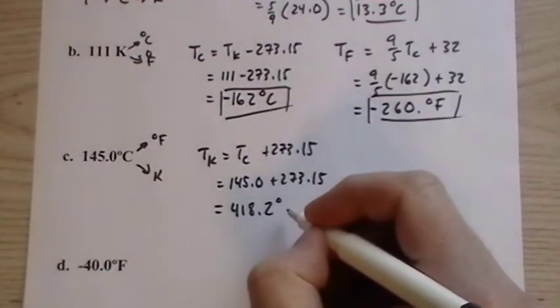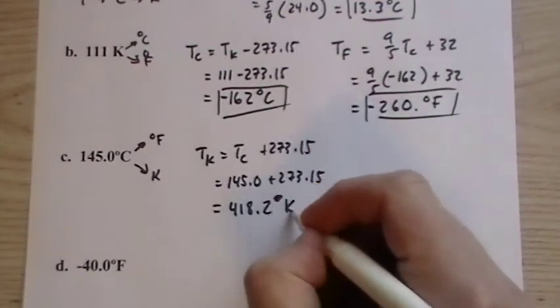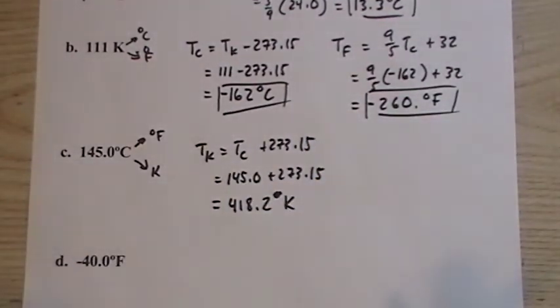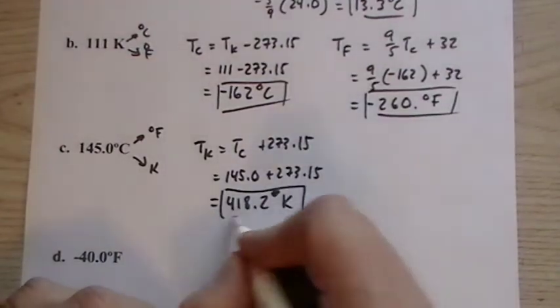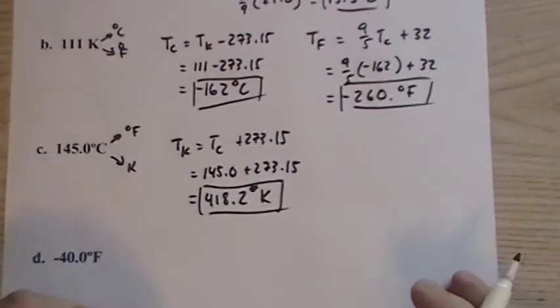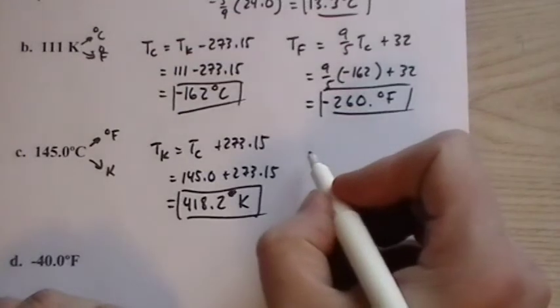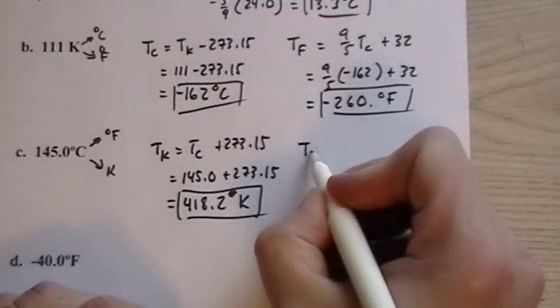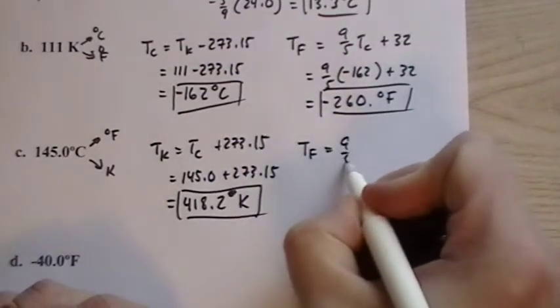So this would be 418 Kelvin. No degrees here, that's just Kelvin. It used to be degrees Kelvin, actually, when I went to school, but it's now just no degree sign. And then, what do we have to do? We've got to go to Fahrenheit here, so we have this again.